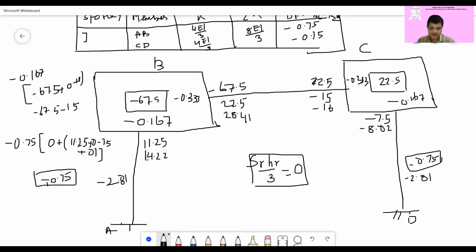Sorry, we also have the column moments that will come here from this end. All these things multiplied by minus 0.167 will give this value, minus 14. Are you getting my point?